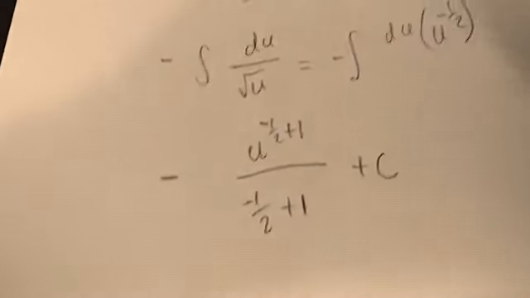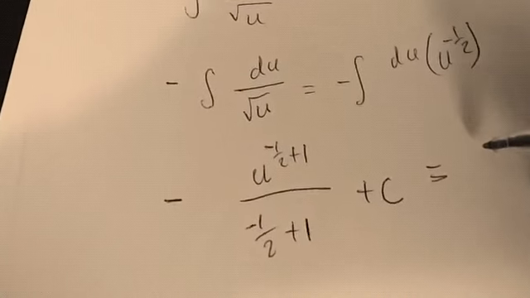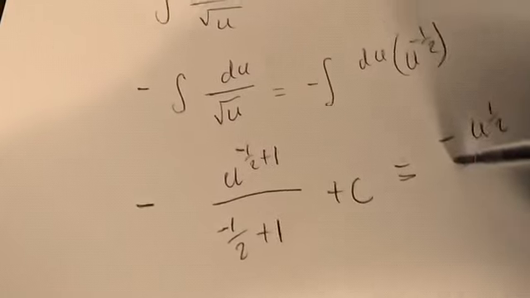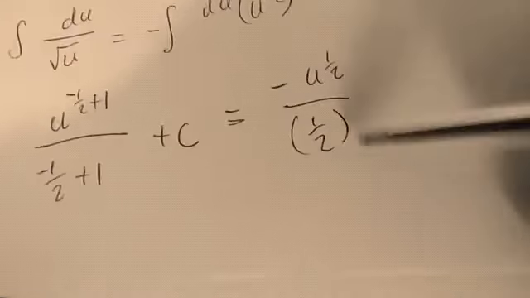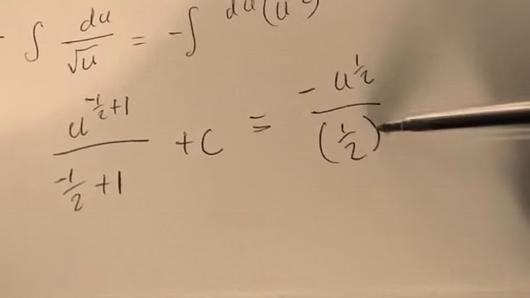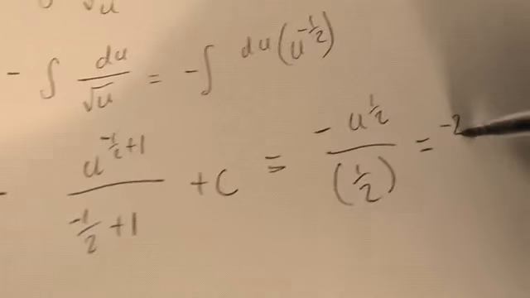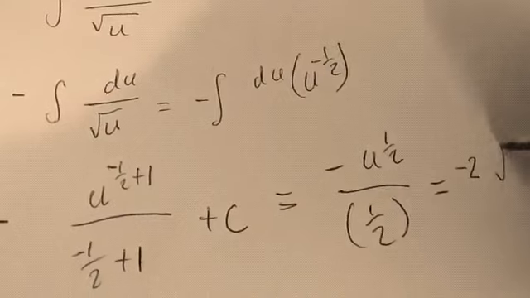Because it's an indefinite integral, we have to add a c. And finally, we simplify this expression, and we get u to the power of a half over a half. Now, dividing by a half is simply the same thing as multiplying by 2. So we get minus 2, and we understand that u to the power of a half is the same thing as saying square root of u.